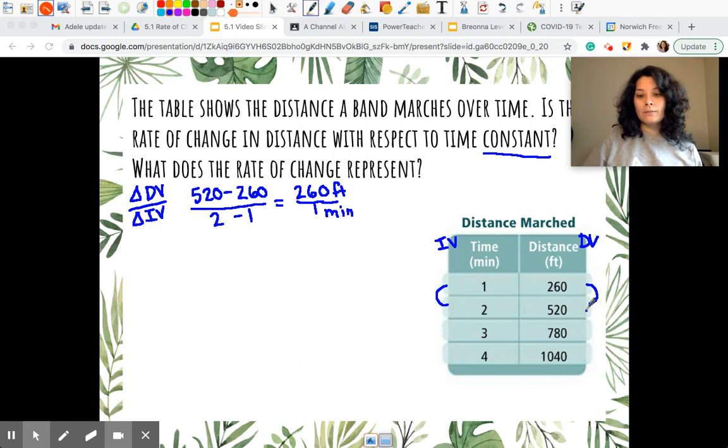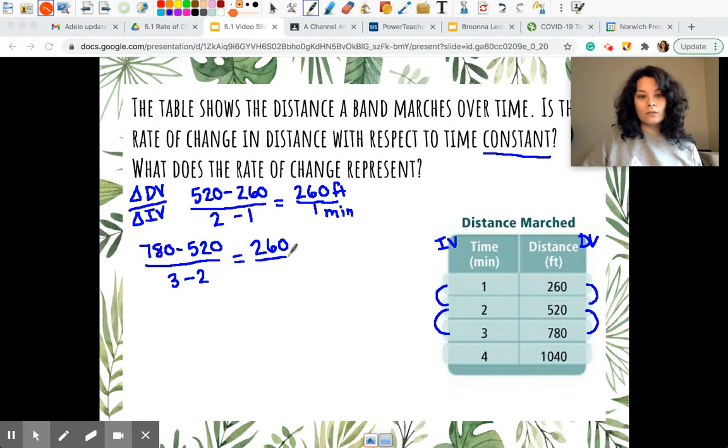I'm going to do the same thing for the next row of values. So I'm going to do 2 and 520, and 3 is 780. Again, I'm just going to start with the bigger number and then subtract the smaller. So I'm going to do 780 minus 520, divided by 3 minus 2. 780 minus 520, let's see, that's going to give me 260.